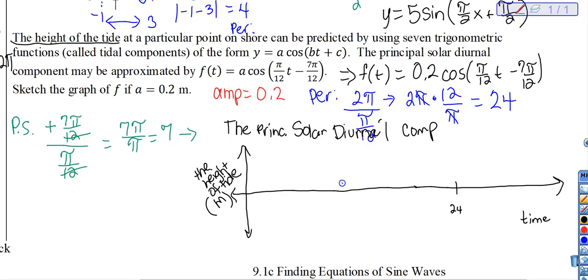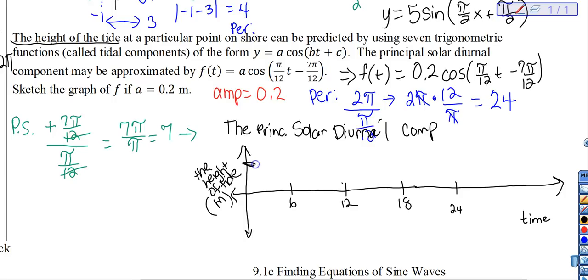Now, since it has a period of 24 hours and it's a cosine function, I could divide that evenly into 4 sections, right? So that I can get a high, a 0, a low, a 0, and back to a high. So I think we'll cut that in half to 12 hours. Then we'll cut that in half to 6 hours and 18 hours.